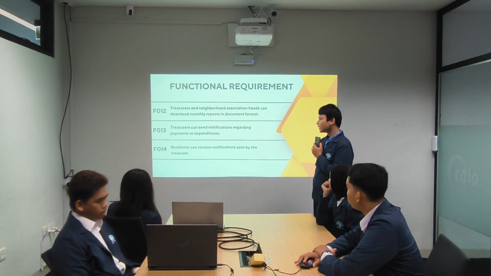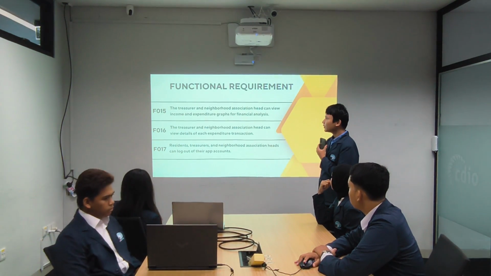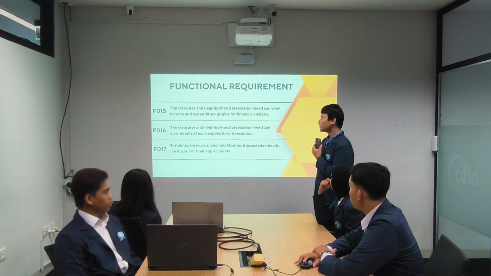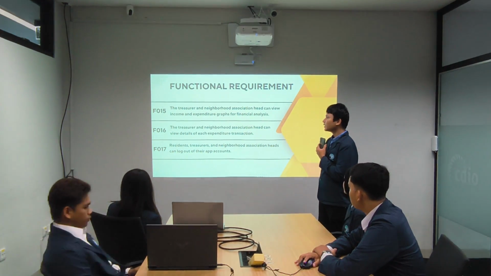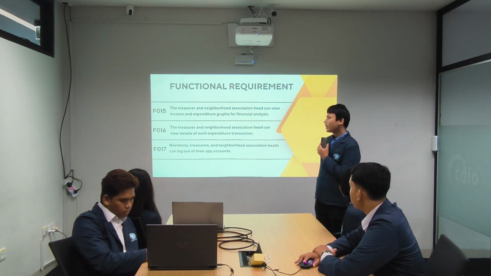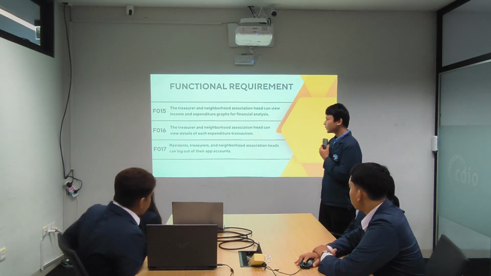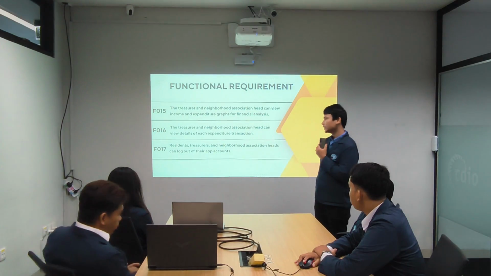F014, resident can receive notification sent by the treasurer. F015, the treasurer and neighborhood association can view income and expenditure graph for financial analysis. F016, the treasurer and neighborhood association can view details of expenditure transactions. F017, resident, treasurer, and neighborhood association can log out of their account.